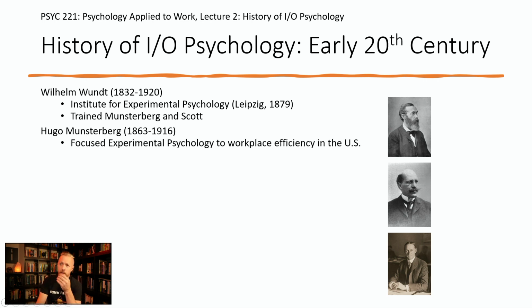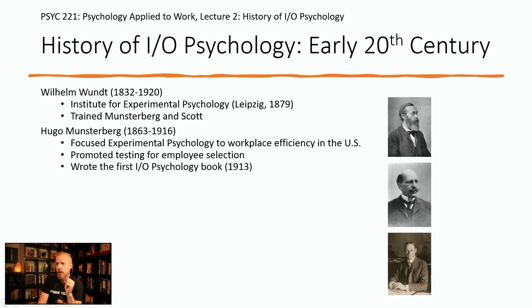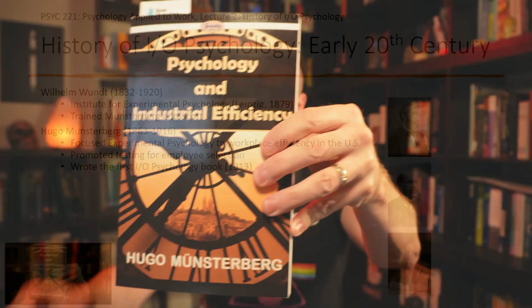He focused on applied psychology, and looked at workplace efficiency, and applying testing to employee selection. And he wrote the first IO psychology book. In this, we'll talk about a thing called Taylorism and scientific management in the next slide.